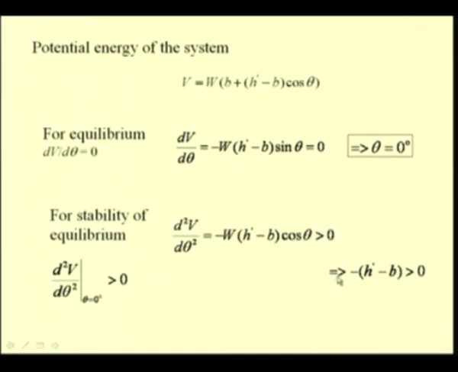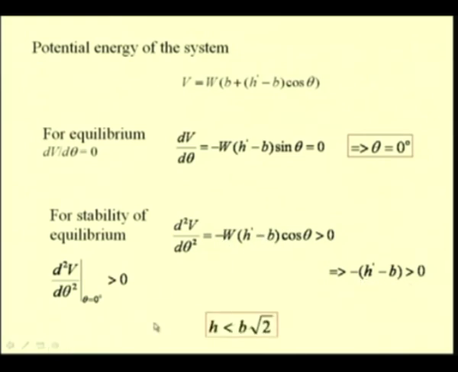This implies that H prime minus B has to be greater than 0, because at theta equal to 0 cos theta is 1 and W doesn't have any effect on the sign of this quantity, and so this quantity, that is minus H prime minus B, has to be greater than 0.